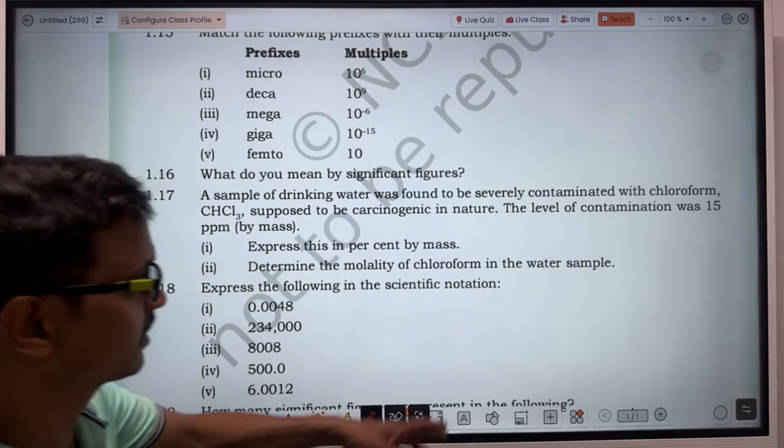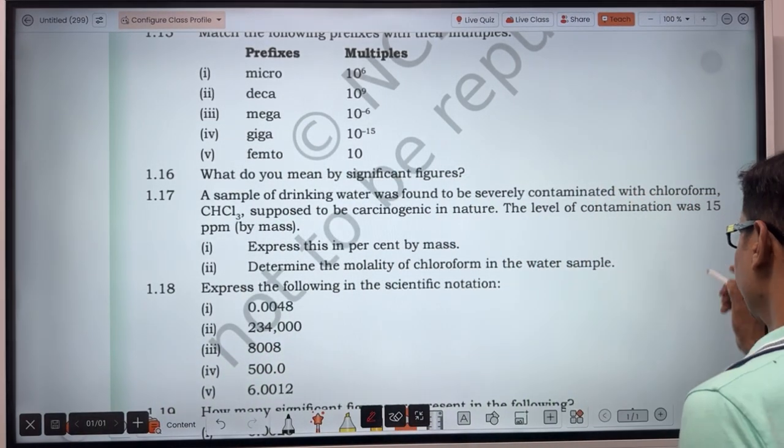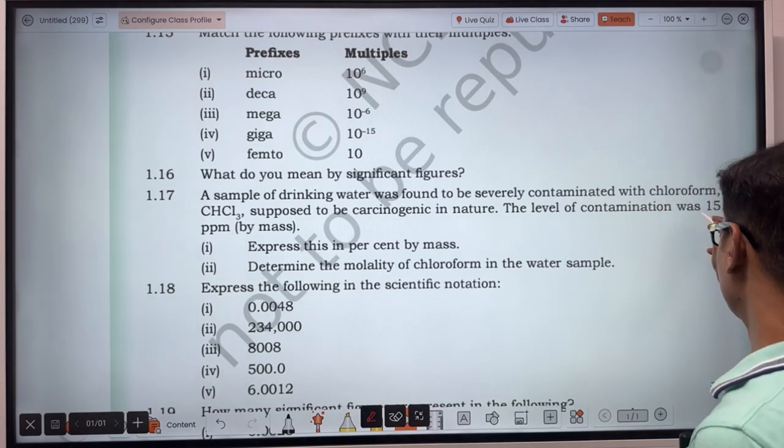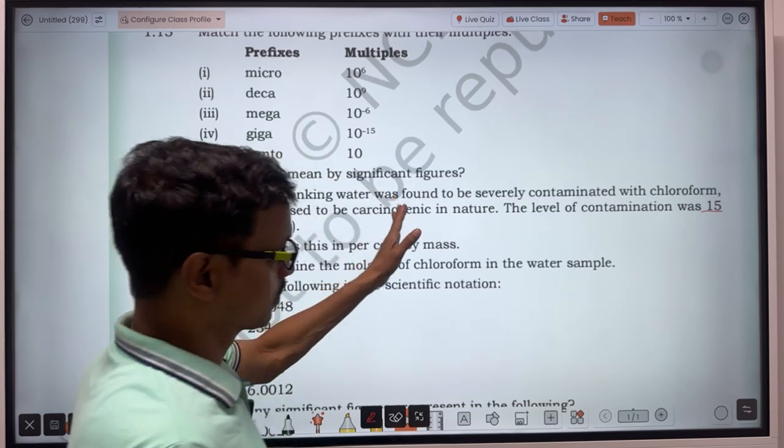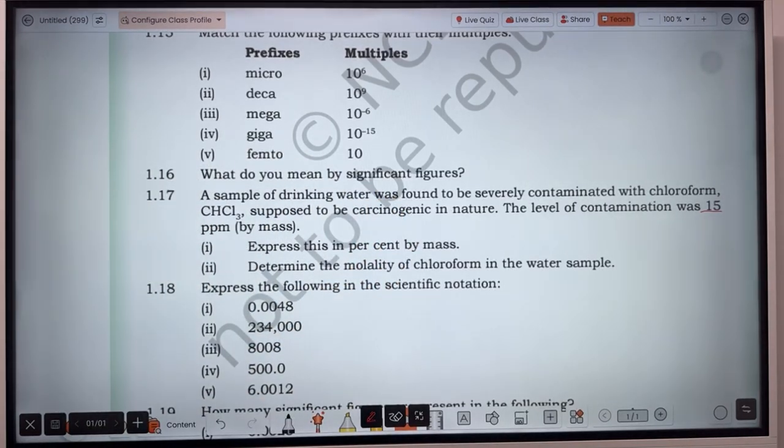It is written 15 ppm. Concentration of chloroform is 15 ppm. Means 15 particles of chloroform are present in 10 power 6 particles in total.